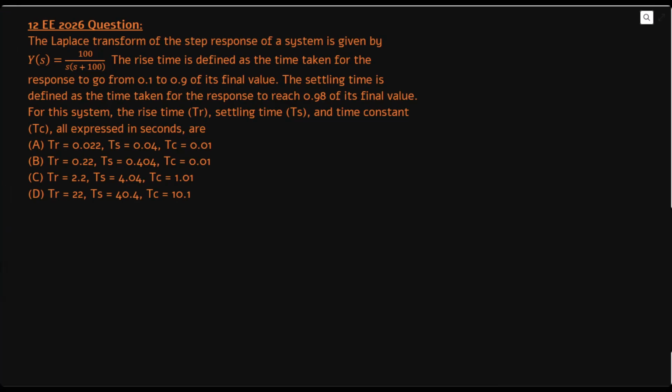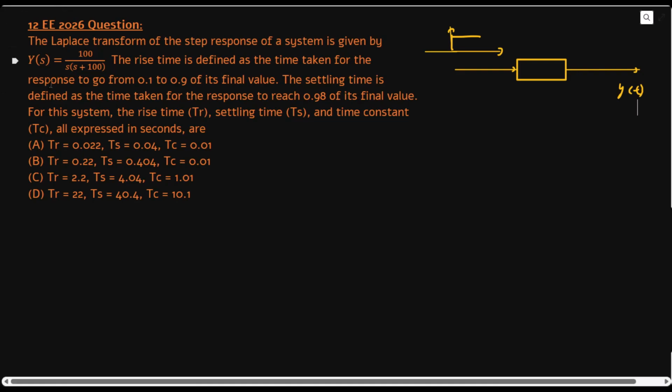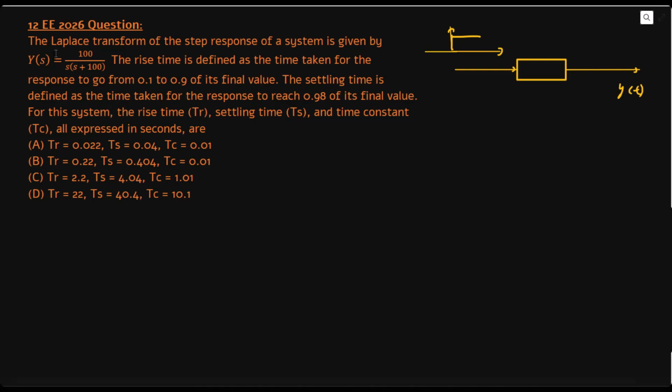Okay, the situation that we're presented with is that we have a system that has a step as an input. The output is some function, some signal, whose Laplace transform is written here in this expression.